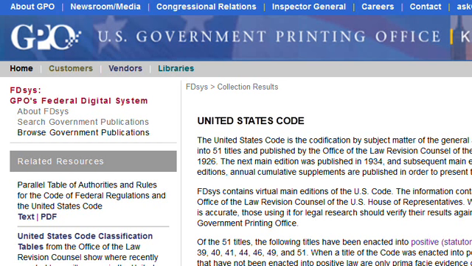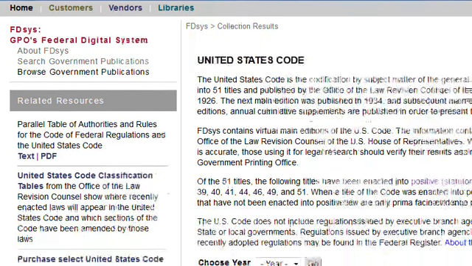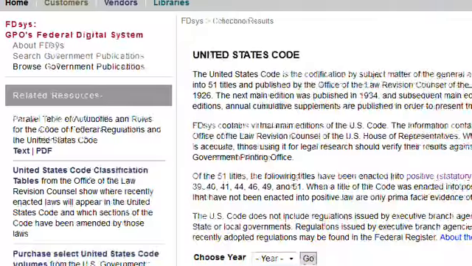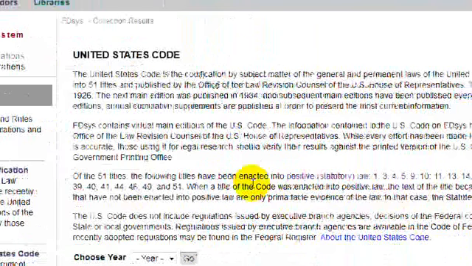Okay? Statutes, laws, ordinances, acts, etc., etc. So let's take a look here. I'm actually on the website United States Government Printing Office, and this is gpo.gov, and here is where it gives you a definition of United States Code.